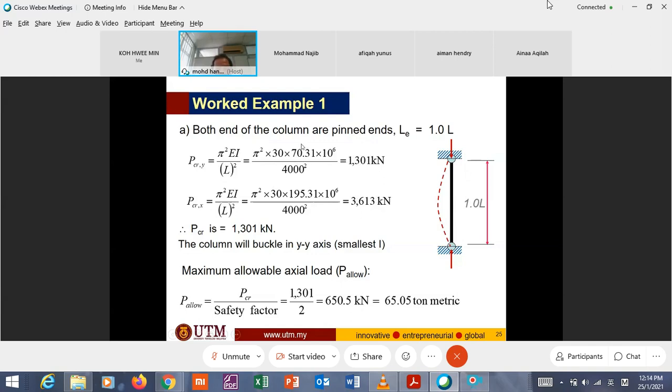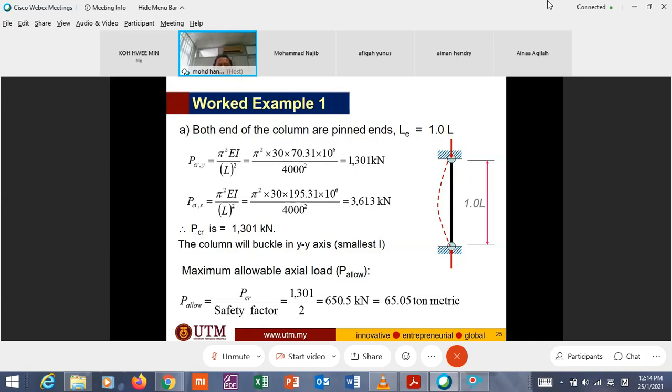Because here it is 70 and this one is 195. This one is the major axis, this one the minor axis. Normally Ix is the major axis and Iy is the minor axis.